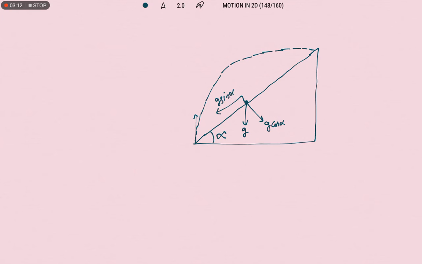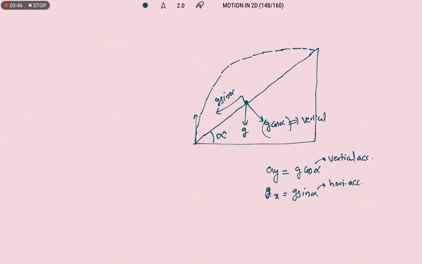Here g cos alpha is the acceleration in the vertical direction, so ay equals g cos alpha, and the horizontal acceleration ax equals g sin alpha.